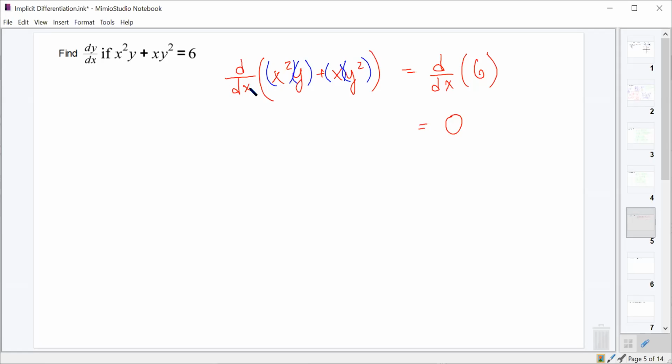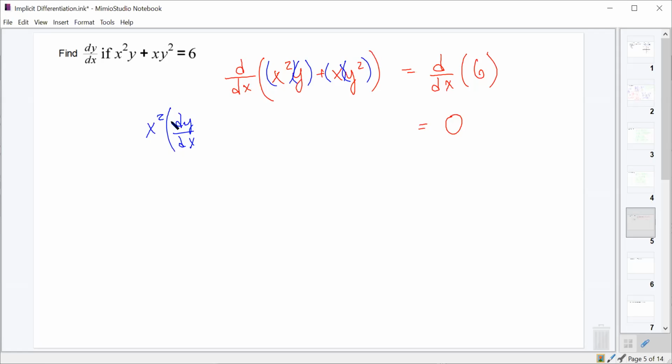So how do we take the derivative of x squared y? Should be x squared times the derivative of the y. And what's the derivative of y with respect to x? It's 1 times dy dx, exactly. So I'll just write the dy dx, but if you want to put a 1 there, we could.